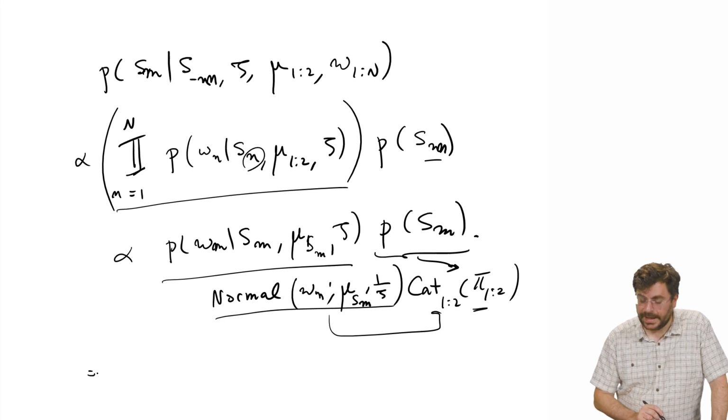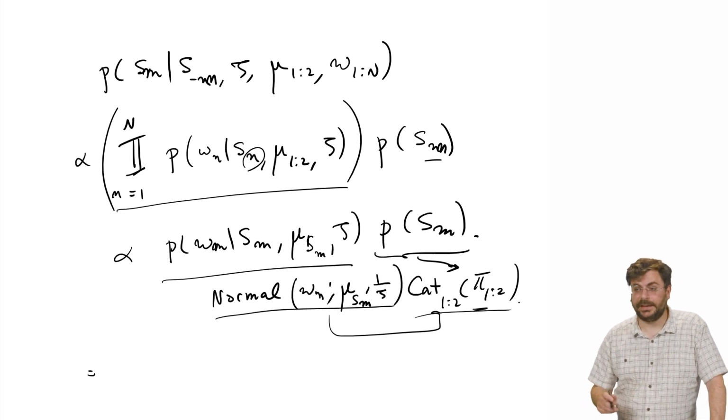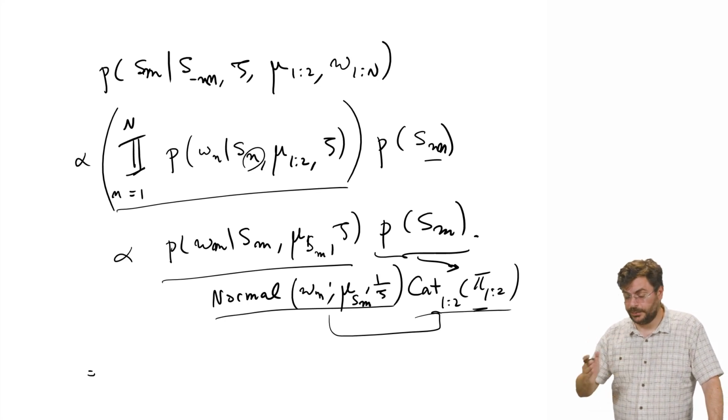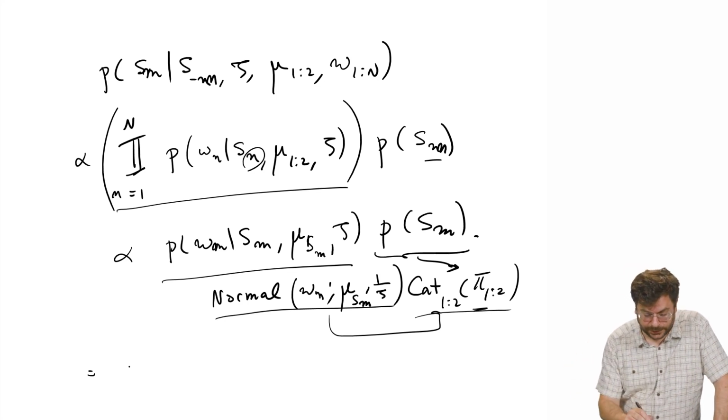Well, what I get, if I go back to the definition of the categorical as the sum of two delta functions, remember the categorical density is really a discrete density that is the sum of two delta functions.